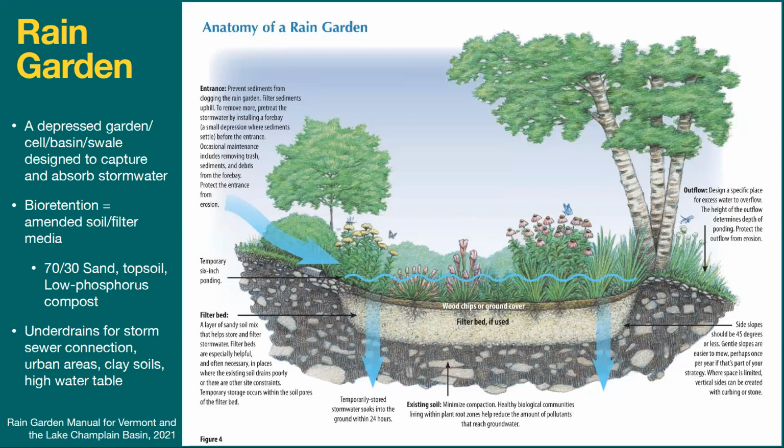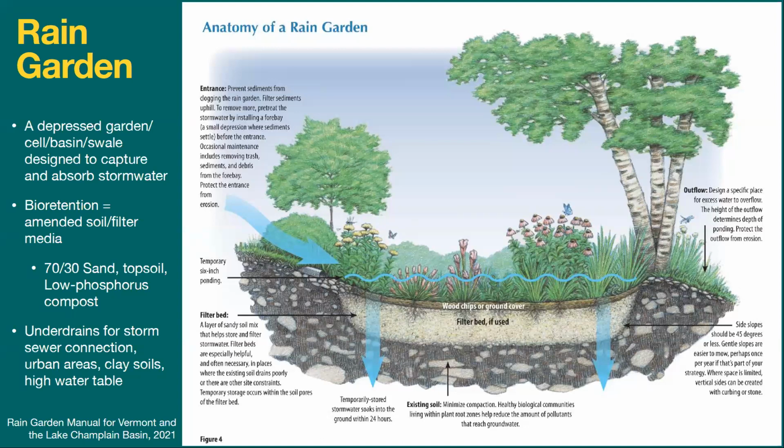And then typically rain gardens are designed to have an overflow, so if too much water rushes in for the capacity of the ponding area to contain, there'll be a designated overflow area at the level that you want. So there's like a rock-lined overflow here to prevent erosion, and the outflow will go into ideally a stable, maybe vegetated area.